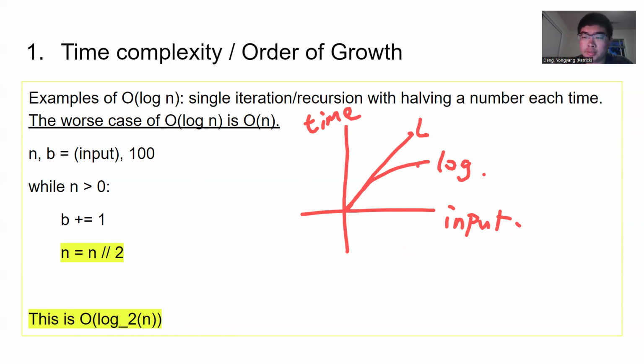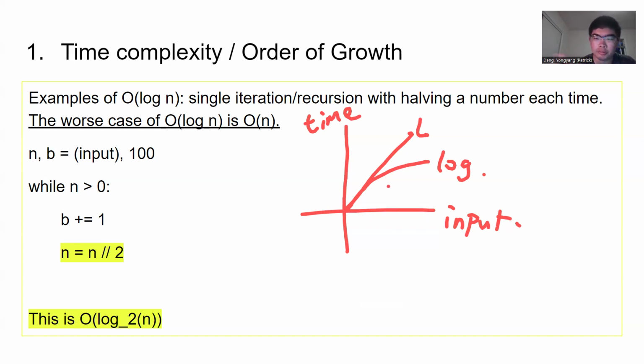But for some worst case, let's say if you are halving a number but the result is the same as decreasing by 1, like 2 to 1, it will be the same as the linear growth. It will be smaller, or maybe it will be equal.